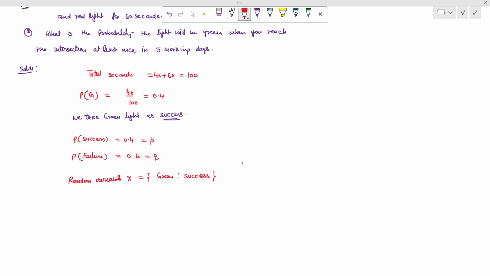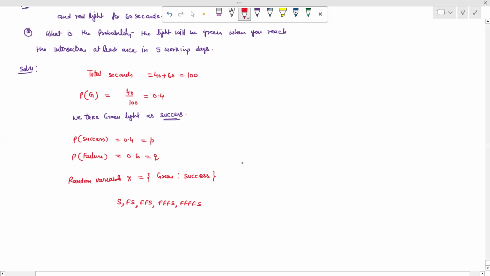Now the situations: first day we cross the intersection and get the green light, so this is our success in the first attempt. Second situation, maybe we get a failure, then success. Third, failure, failure, then success. Fourth, failure, failure, failure, then success. And fifth day, failure, failure, failure, failure and success. So these are the situations in 5 working days.